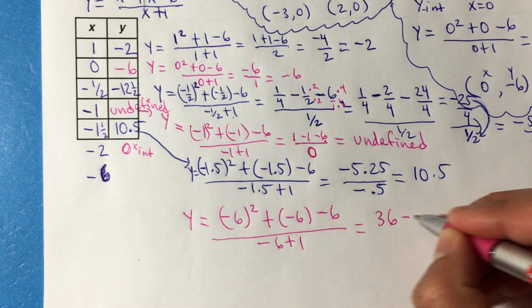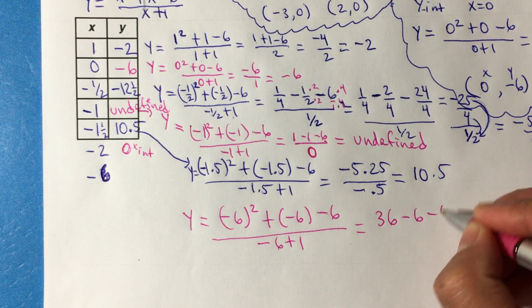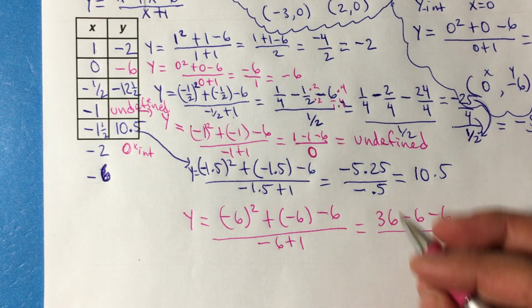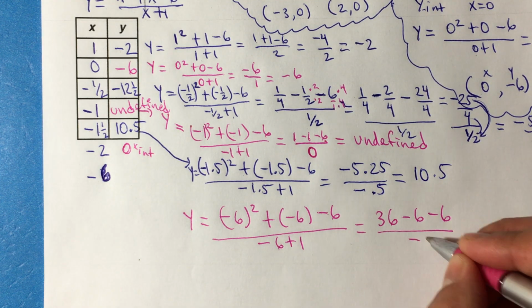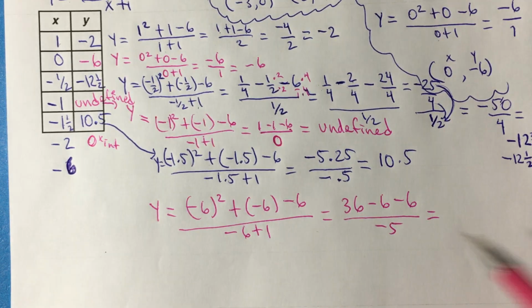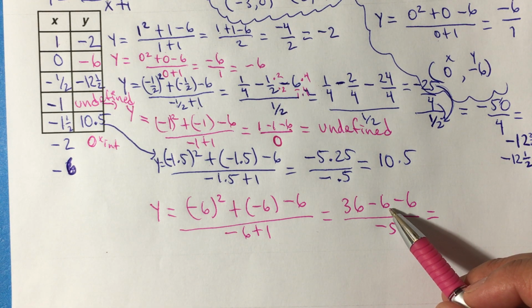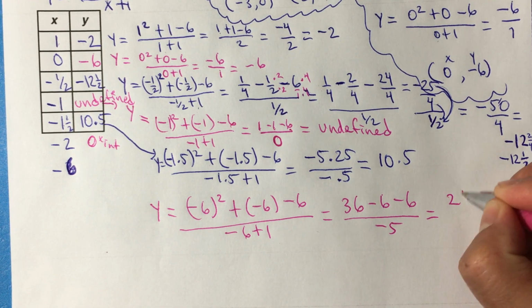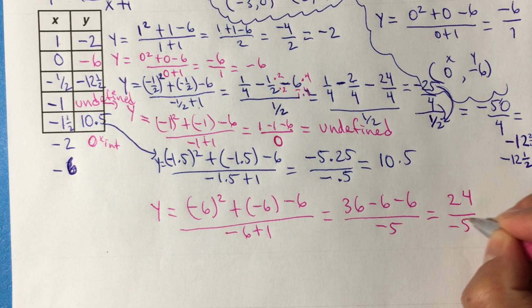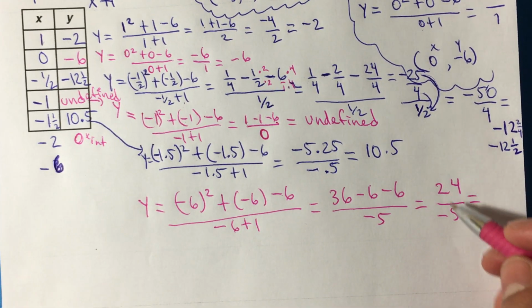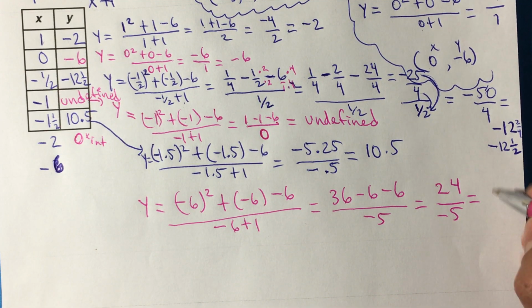Positive times negative is negative 6. Bring down the negative 6. Negative 6 plus 1 is negative 5. And so in here we have 36 minus 6 is 30. Minus 6 is 24. Divided by negative 5. Positive times negative is negative.